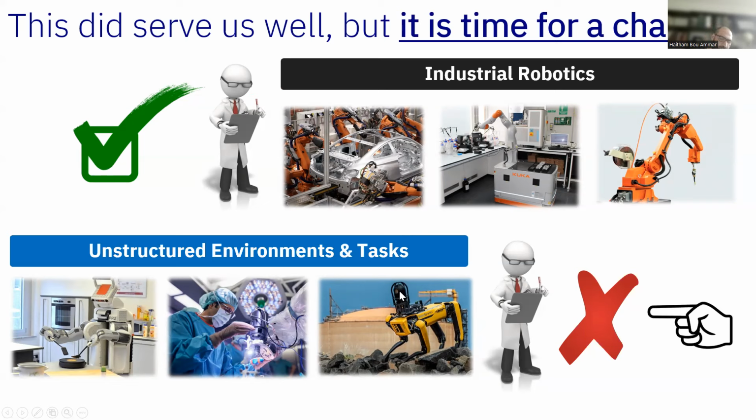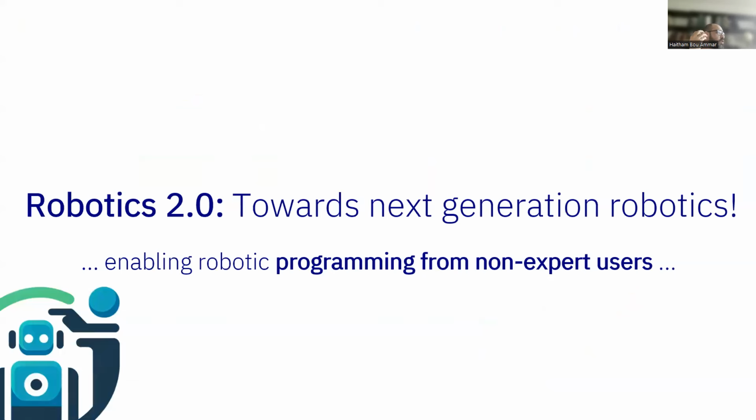So we would like to be able to enable robotic systems to be deployed much more widely than industrial systems or industrial robotics setups. And for that, we need to solve a couple of problems. So that's what we are calling robotics 2.0.